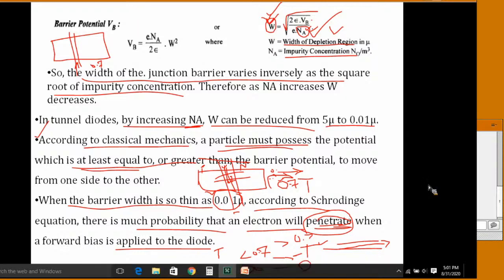That's why the characteristics of this tunnel diode will be, my voice, still it is breaking. My voice is not clear. Still it is not clear. Check once again. Still breaking.